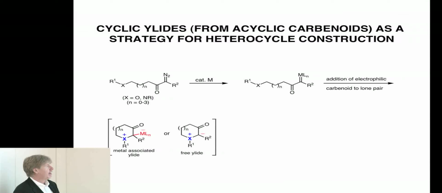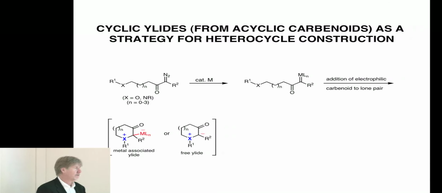And now that new ring has a positively charged heteroatom and a negative charge here, either on the metal or on the carbon, depending on whether the metal remains associated with the ylid or has dissociated to give the free ylid. So we don't really know which of these is the eventual reactive intermediate.